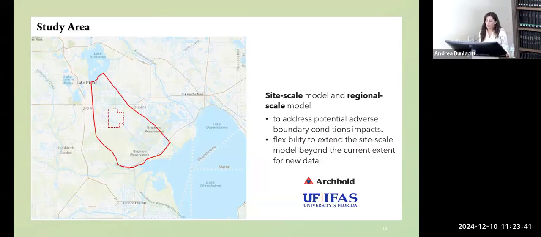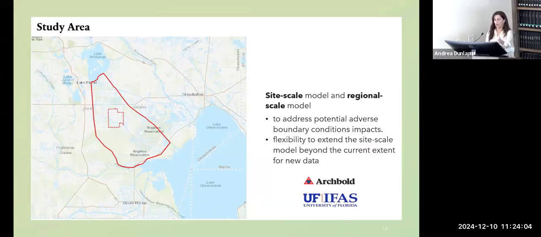But the regional scale model is being developed as a common way of developing a numerical groundwater model. It is usually done to eliminate the impact of boundary conditions in a small size, so that's why we usually extend it to the natural system.